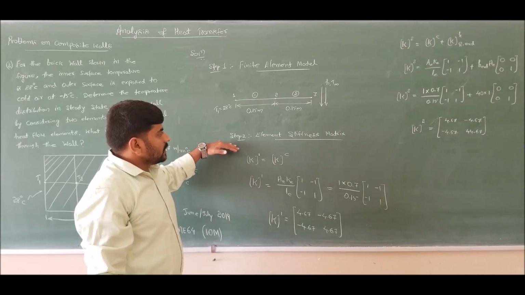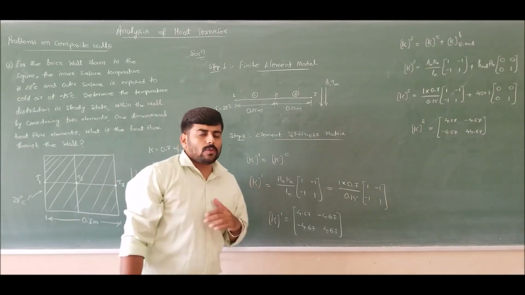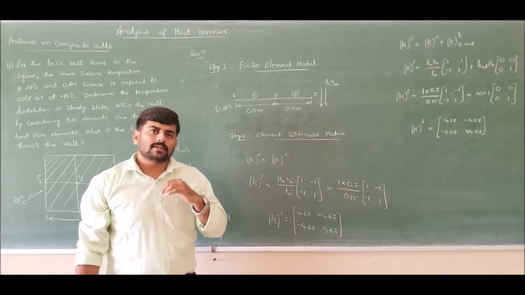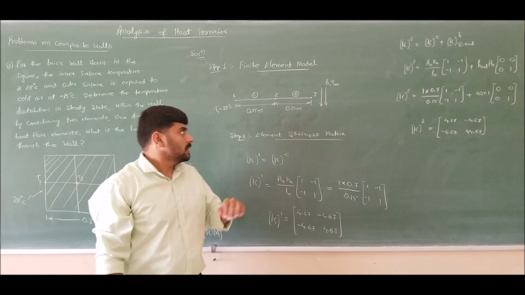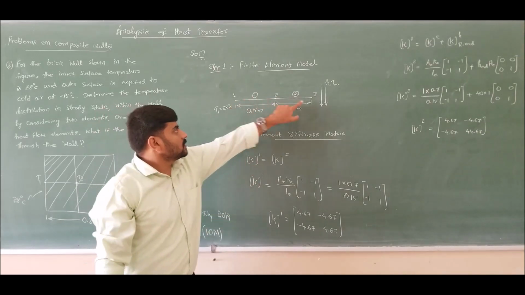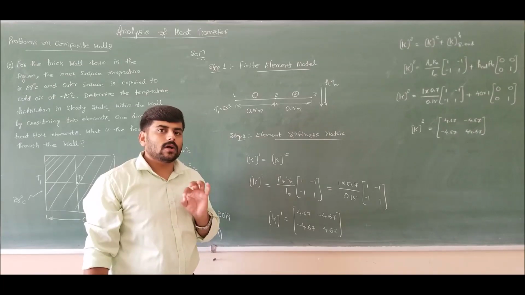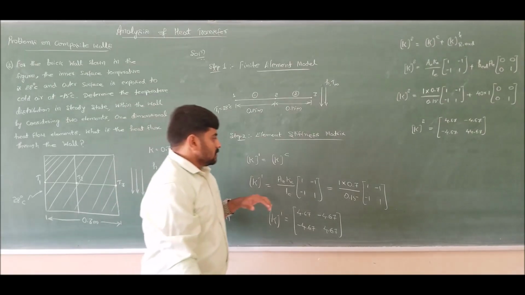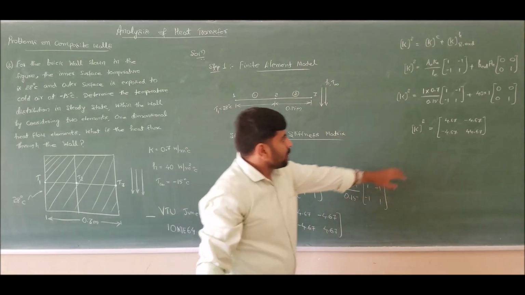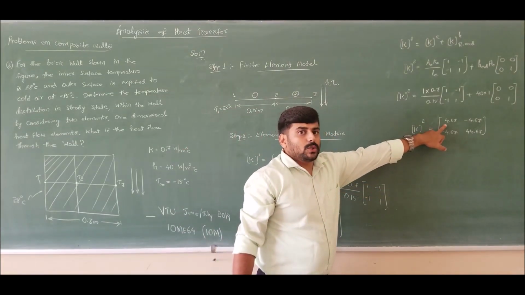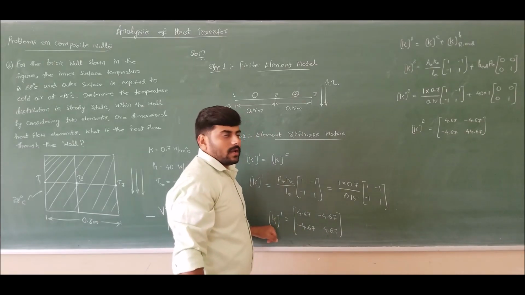Next, moving on to step 3, that is the global stiffness matrix. The order of the global stiffness matrix for analysis of a heat transfer problem is n cross n, where n is the number of nodes. This problem has 3 nodes, so the order of the global stiffness matrix is 3 cross 3. The rule for assembling is already known to us: K11 of element 2 should be added to K22 of element 1.